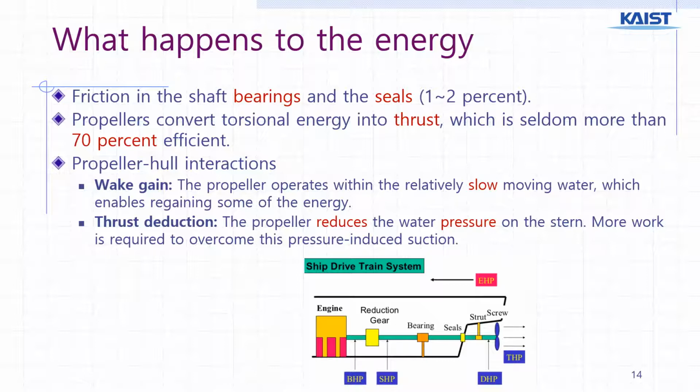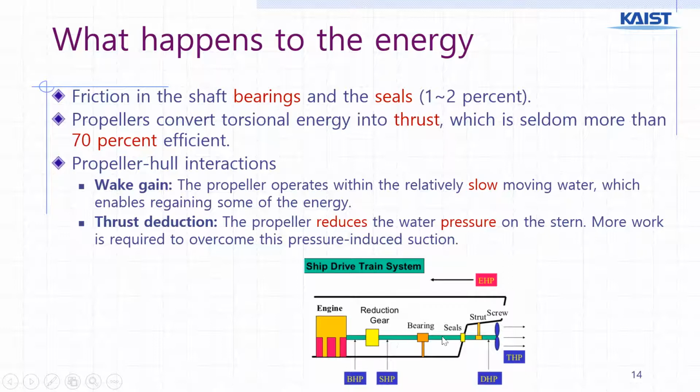And there is a propeller hull interaction because of the ship hull. The propeller has difficulty because the flow speed is different around the circle of the propeller, but the propeller is rotating. So, wake gain: the propeller operates within relatively slow moving water compared to the outside water, or the speed of the ship.